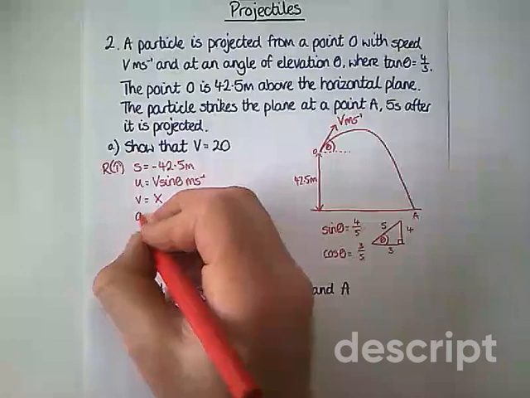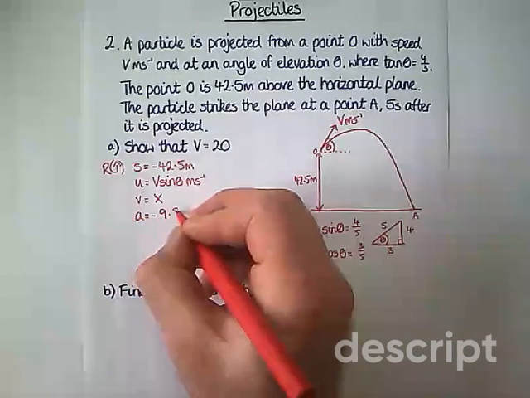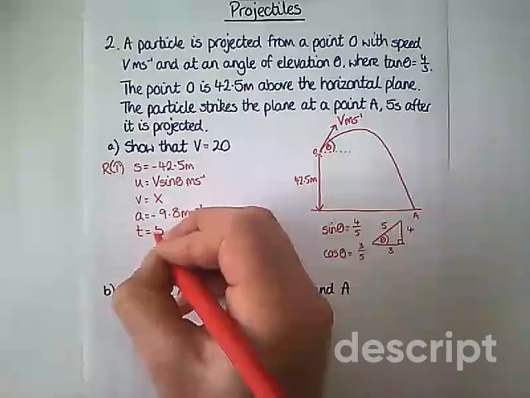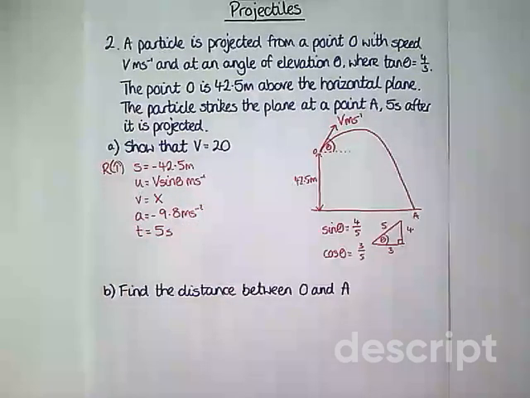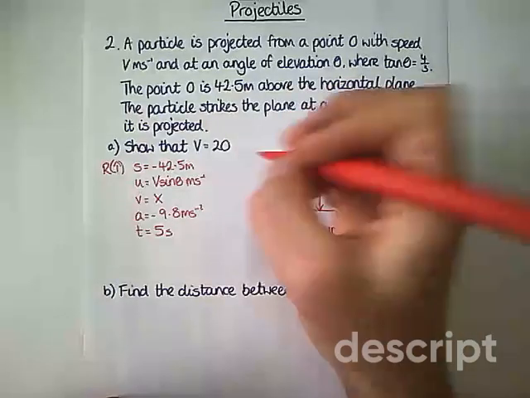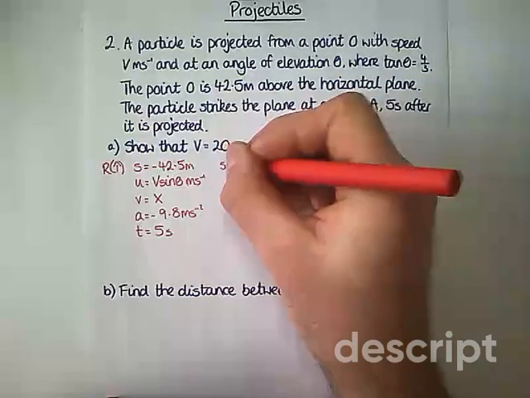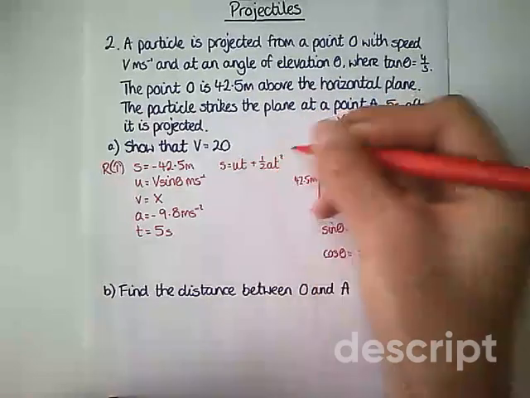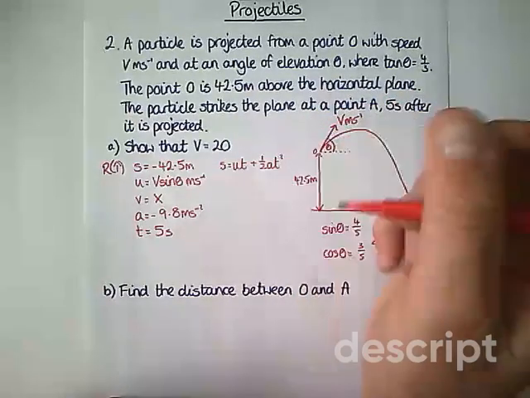Our acceleration is due to gravity, 9.8, and our time is 5 seconds. So our SUVAT equation that doesn't have v in it is s equals ut plus a half at squared, and sub in all of our values.